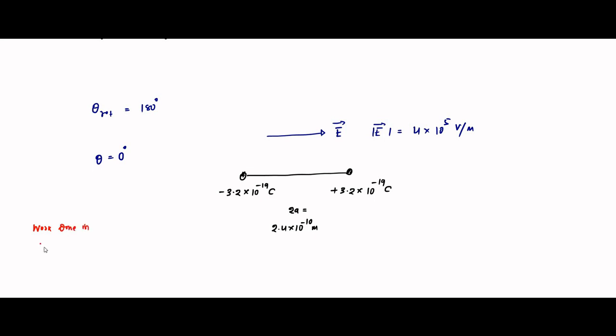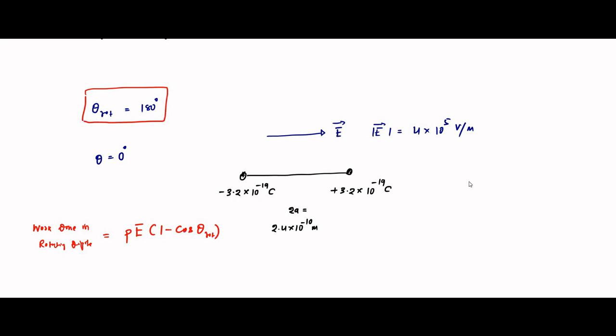Work done in rotating a dipole is equal to PE into 1 minus cos theta, where P is the dipole moment, E is the electric field, and theta is the rotation angle, which is here 180 degree.